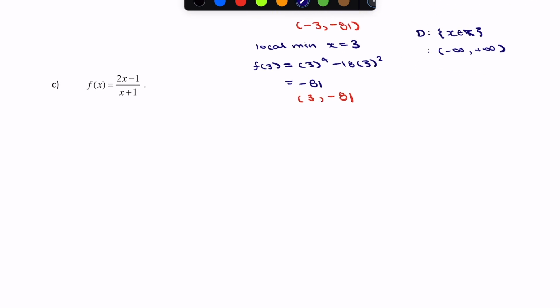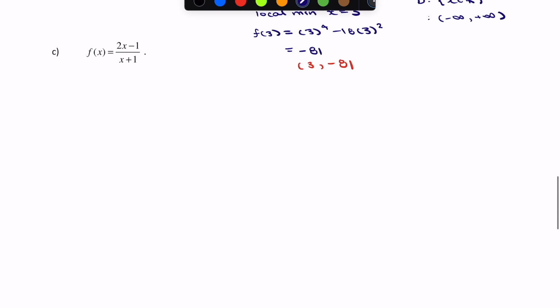Okay, so here, if we look at C, it gives us f of x is equal to 2x minus 1 over x plus 1. And then here we can also again state the domain of the function. So here, again, we have a vertical asymptote at x is equal to -1.